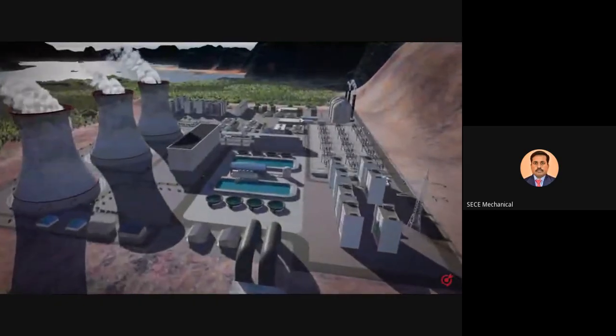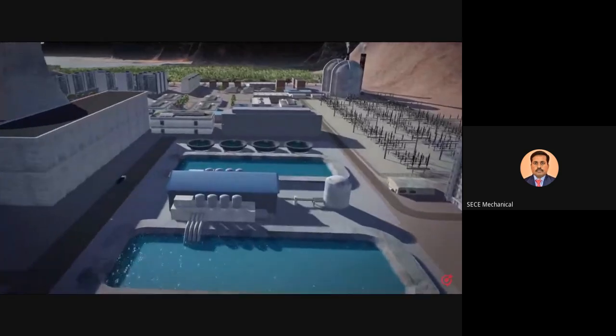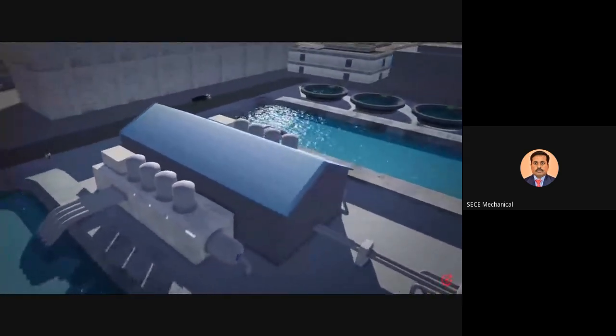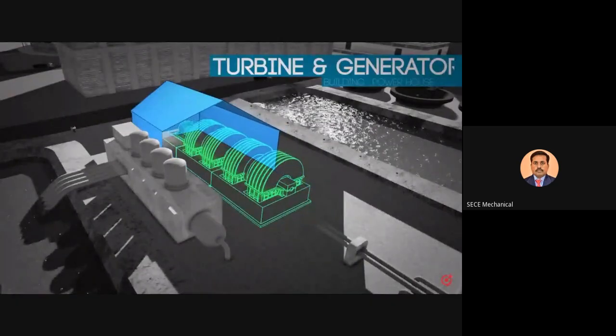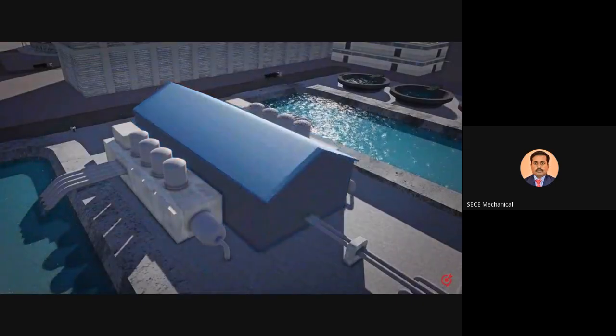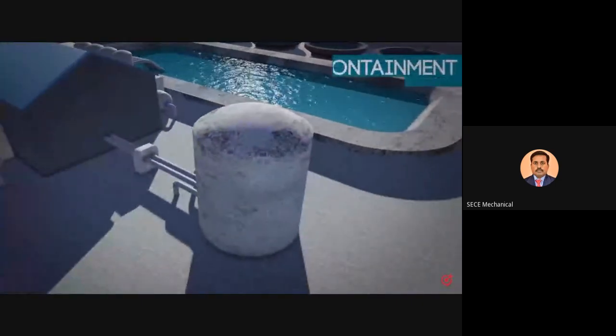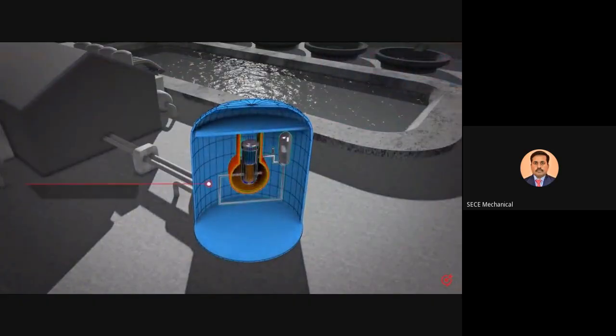A nuclear power plant includes numerous buildings and facilities. Important among them are the turbine building. It houses several turbines as well as the generator necessary for the electrical power generation. Containment building. The nuclear reactor is housed here.